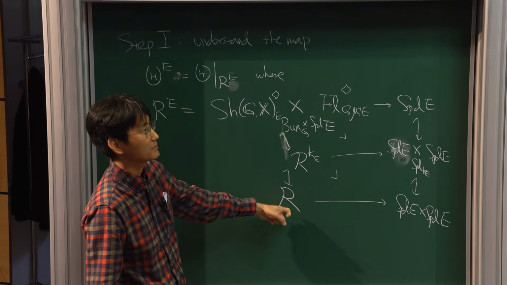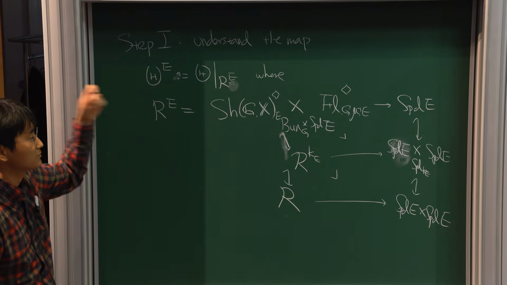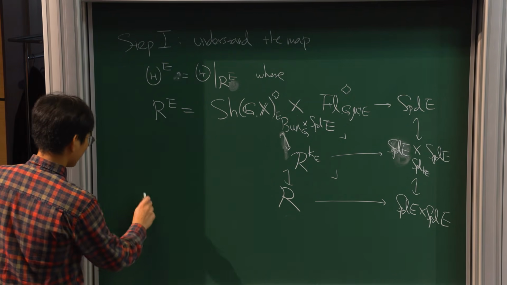So my theta map is supposed to map R to the Shimura variety, but I'm going to restrict to the case when I don't have to deal with different untilts.